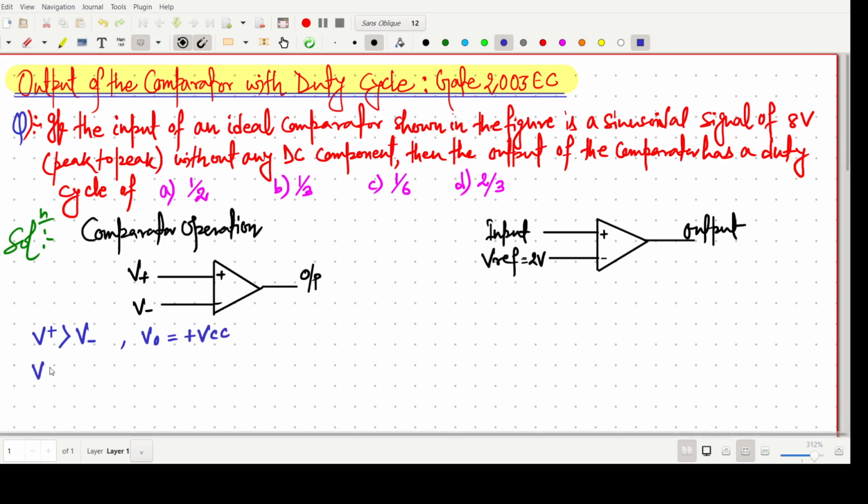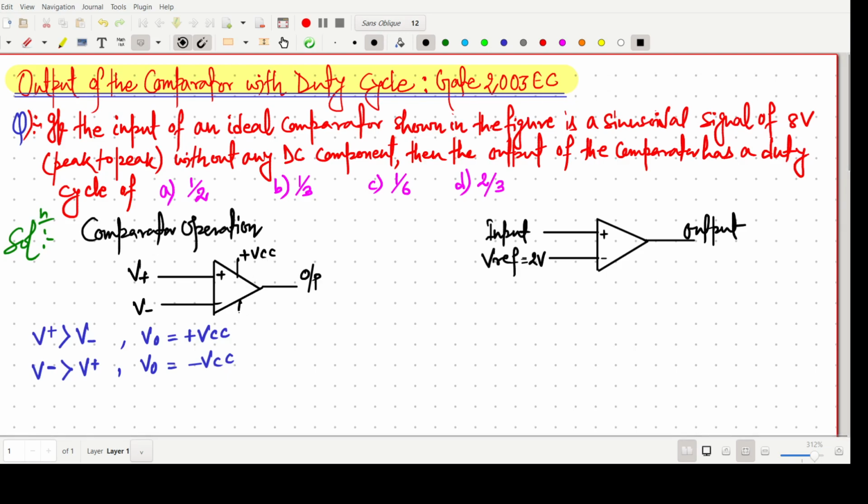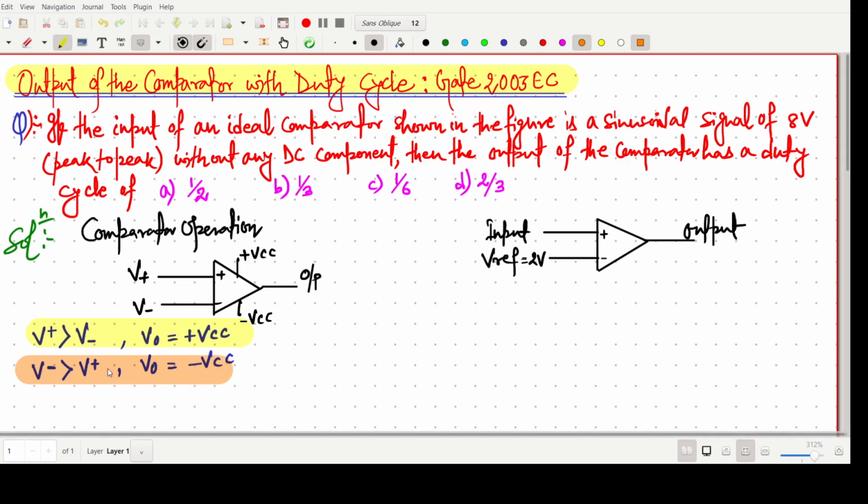And when V minus is greater than V plus, then V naught will be minus VCC. So this is the fundamental of a comparator. That means if the non-inverting input is greater than the inverting input, the output is plus VCC, and when the inverting one is greater than the non-inverting one, it should be minus VCC. So this is the concept.